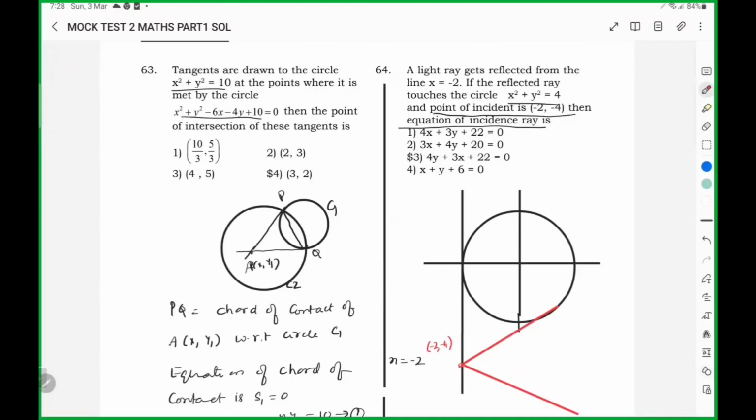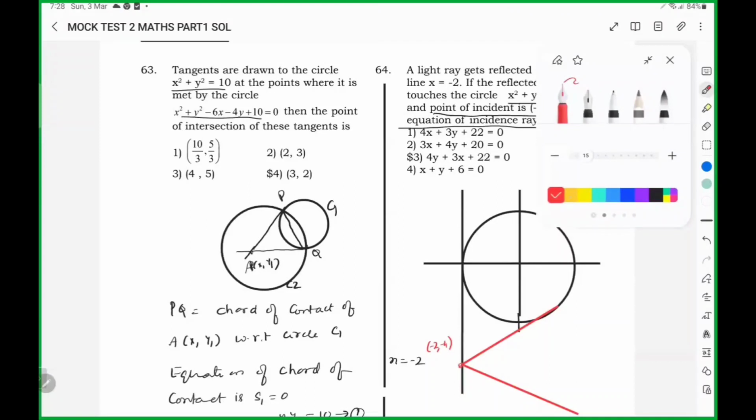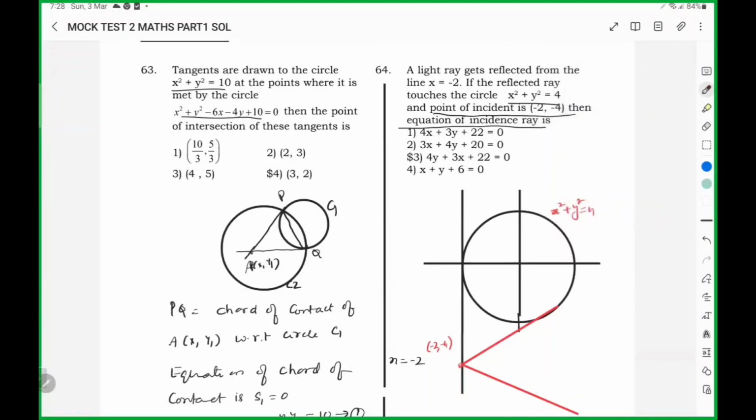So it touches at the point, let us say, it's a circle equation, x square plus y square is 4. Any point on the circle is 2 cos theta, 2 sin theta.